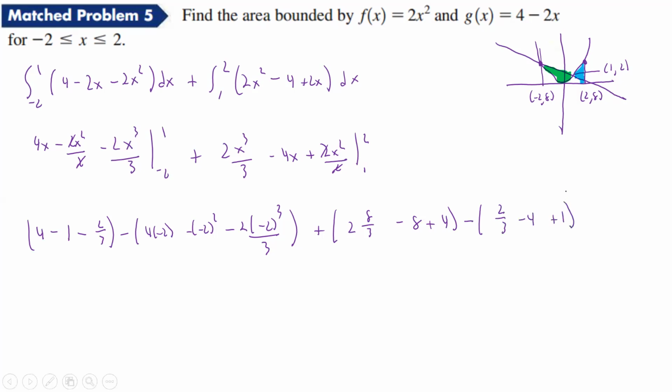And so now it looks like we plug all that in, we should get 4 minus 1 minus 2 divided by 3 minus parenthesis 4 times -2 minus 4.